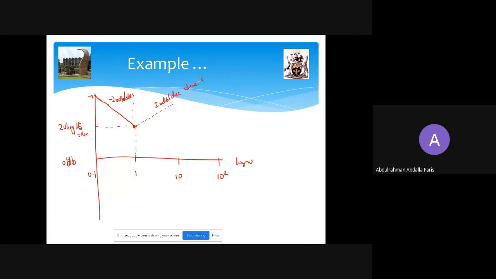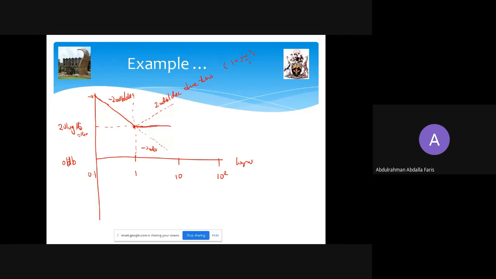This is due to the zero of 1 plus j omega over 1. But this line also goes downwards like this, and this is minus 20 dB. So 20 dB plus minus 20 dB is actually 0. So the contribution of this into 5 over j omega is 0 dB.